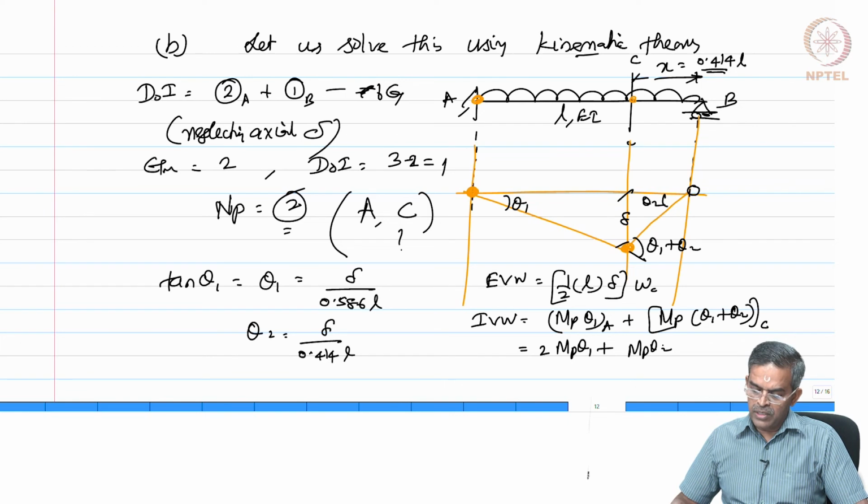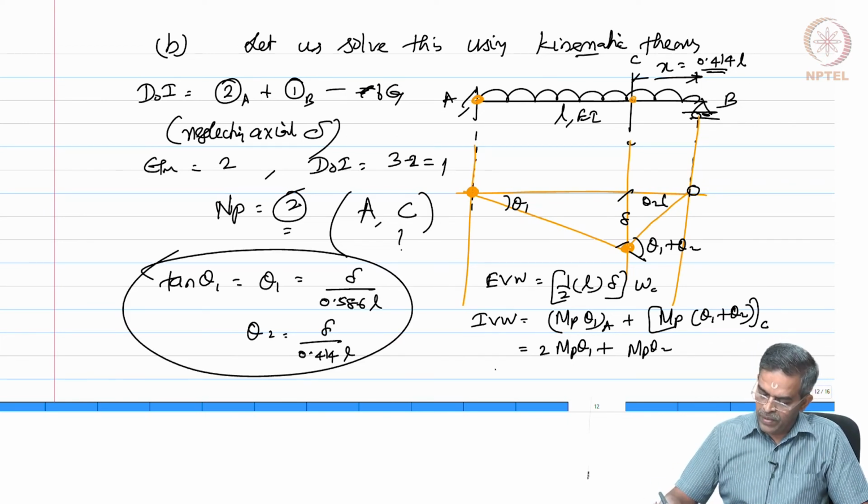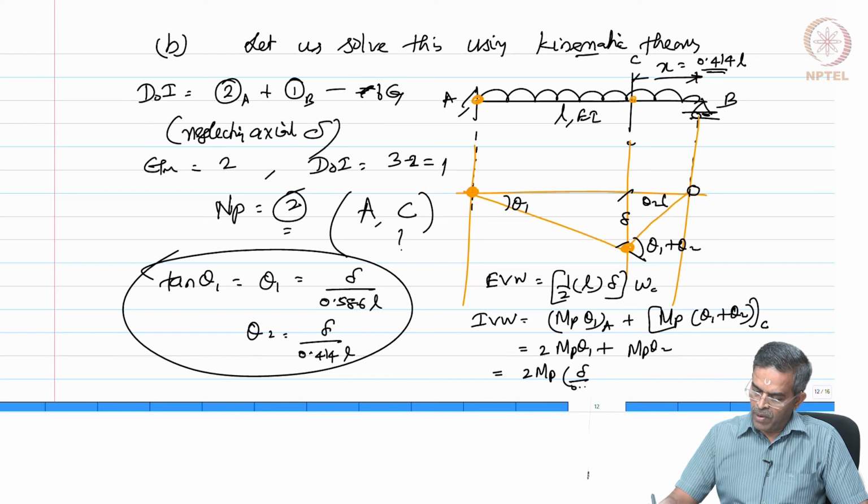Let us substitute for theta 1 and theta 2 from here, which will become 2 MP times of del by 0.586.